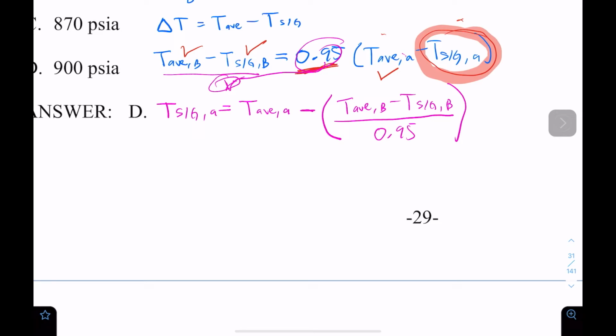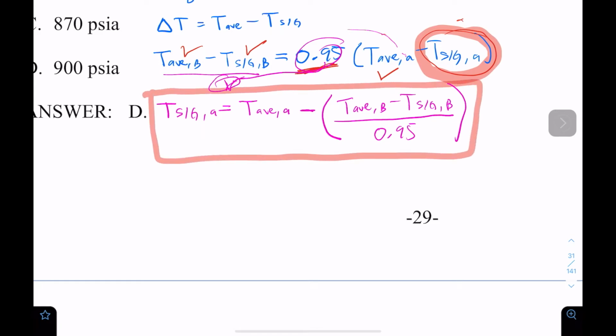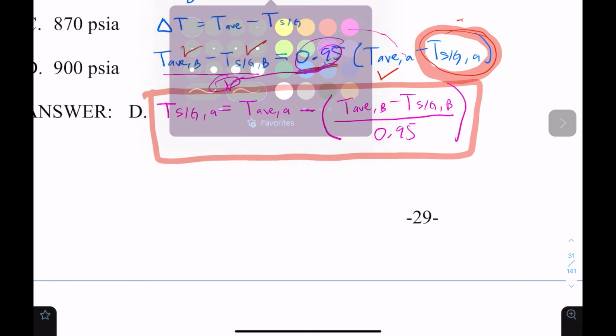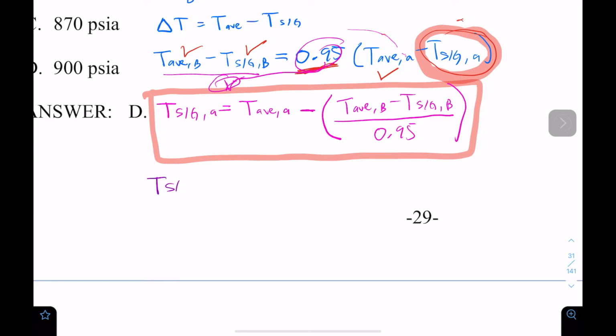And this one I need to bring to the other side. So that's why I end up having this formula right here, rearranging everything. So if I plug numbers in, I'm going to get that the temperature of my steam generator after is approximately 532 Fahrenheit.